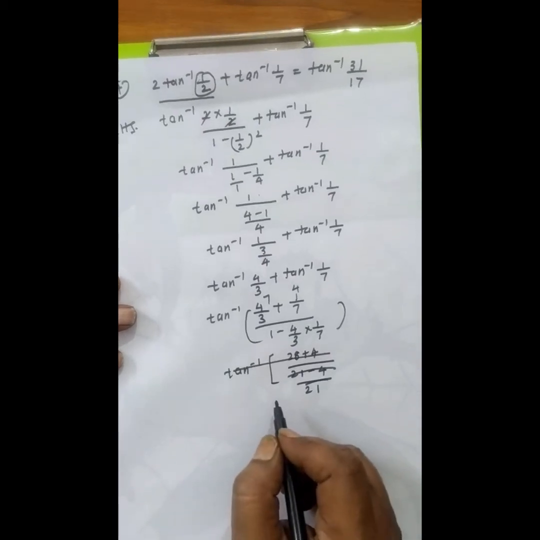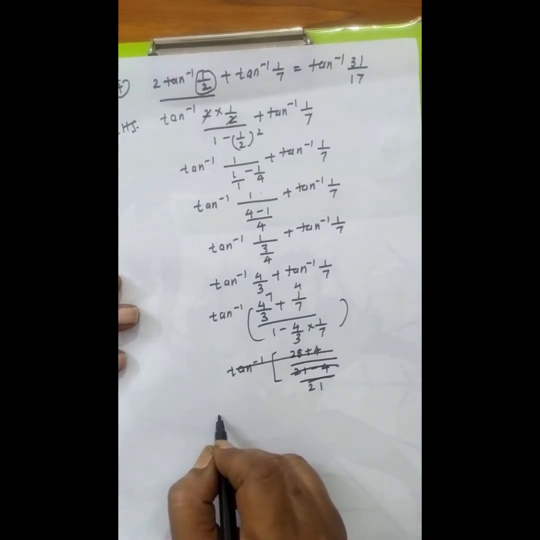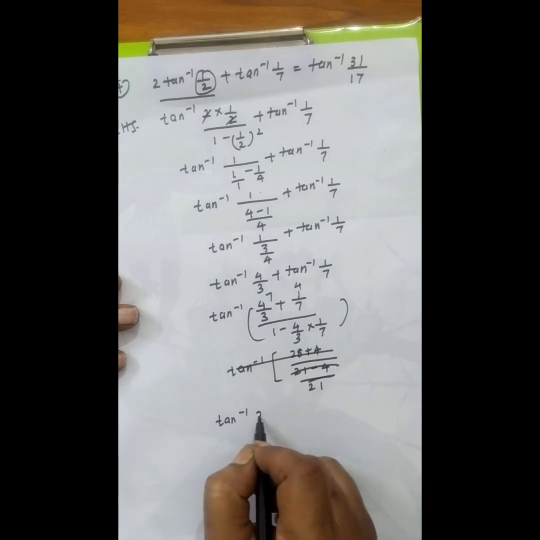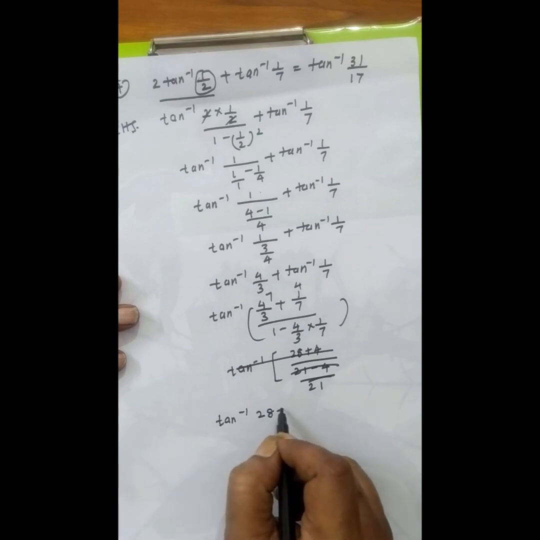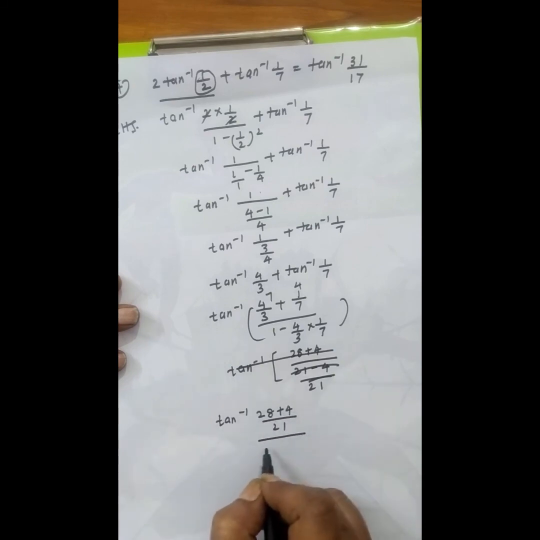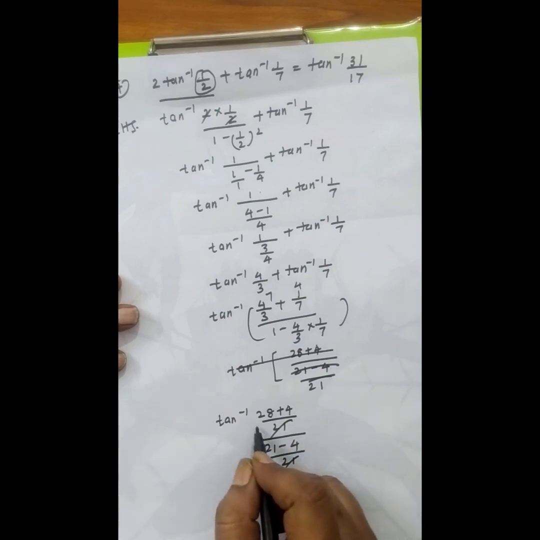So this will be tan inverse of, in numerator it is 28 plus 3 divided by 21, whole divided by 21 minus 4 divided by 21. So this common LCM will get cancelled.